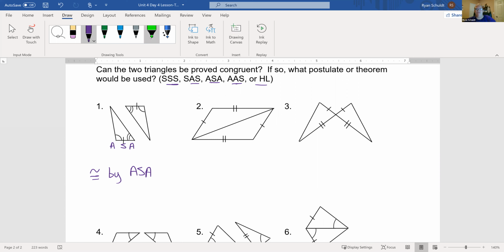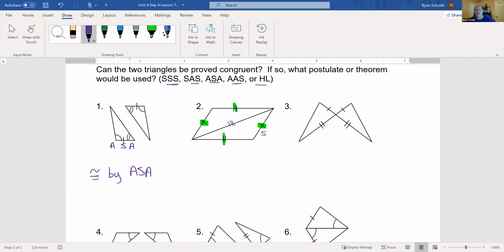Now the next one. The next one, I see one set of sides. I see two sets of sides. I don't see my third. What's that? Oh, they share a side. Well, duh, it's got to be the same. But wait a minute.